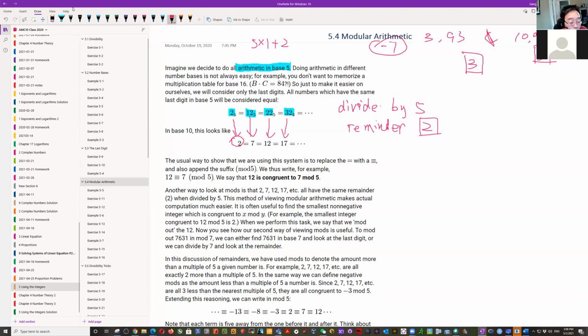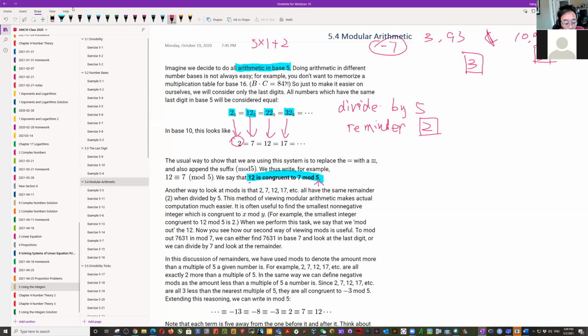So here is how you read it. 12 is congruent to 7 mod 5. The meaning of this sentence is that 12 and 7, if they are divided by 5, will have the same remainder. So that's all its meaning.